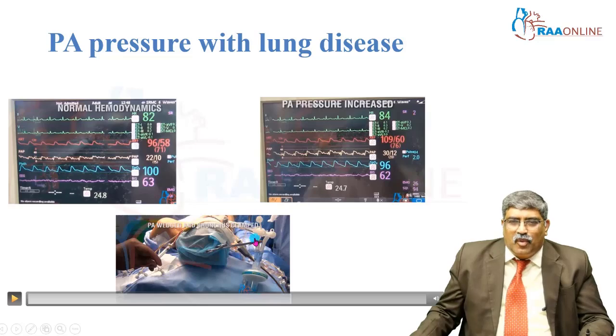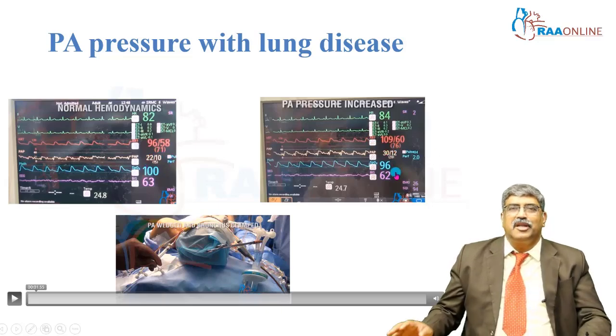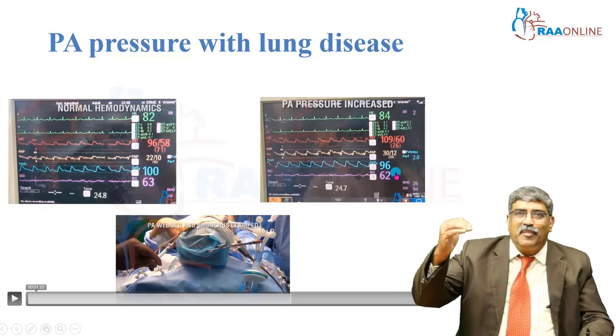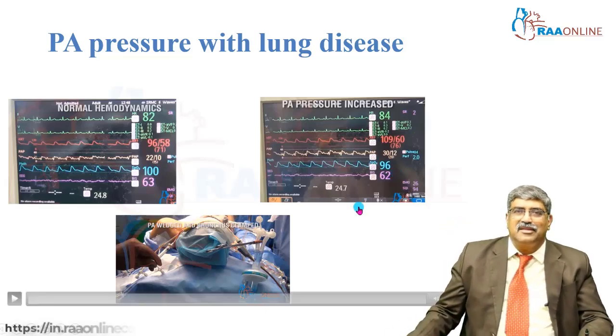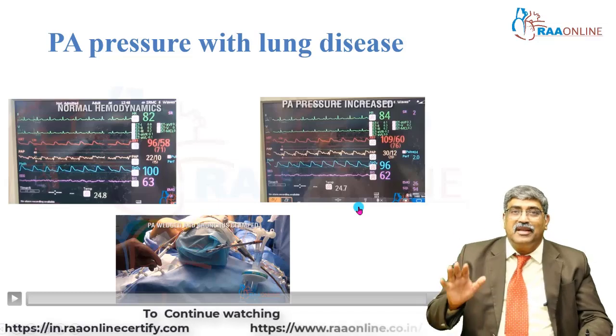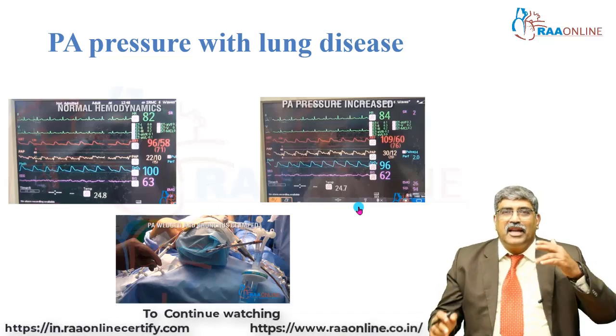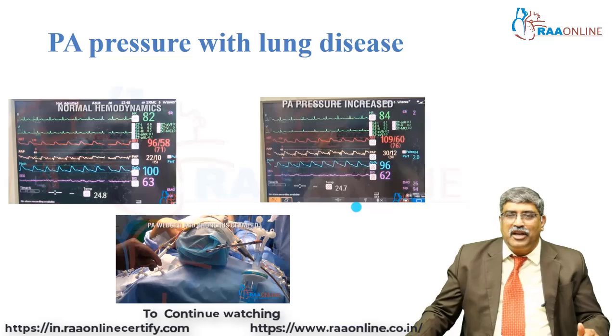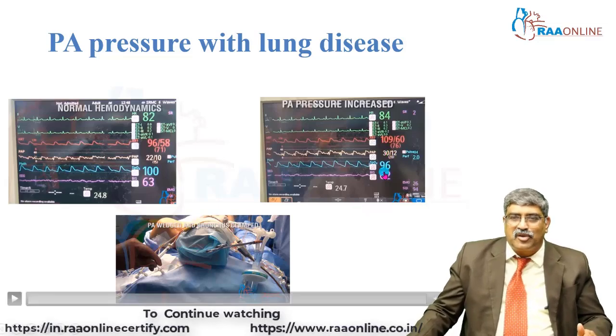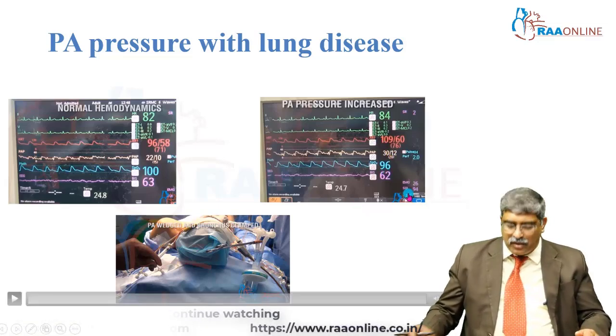Once the left side is occluded, the saturation has come down from 100, and the PA pressure which was around 22 has gone to almost 30/12. You can see the pulmonary artery pressure going up and the saturation coming down. That happens with lung disease. As you occlude the ventilation to the left lung, the pulmonary artery pressure goes up and the saturation comes down.